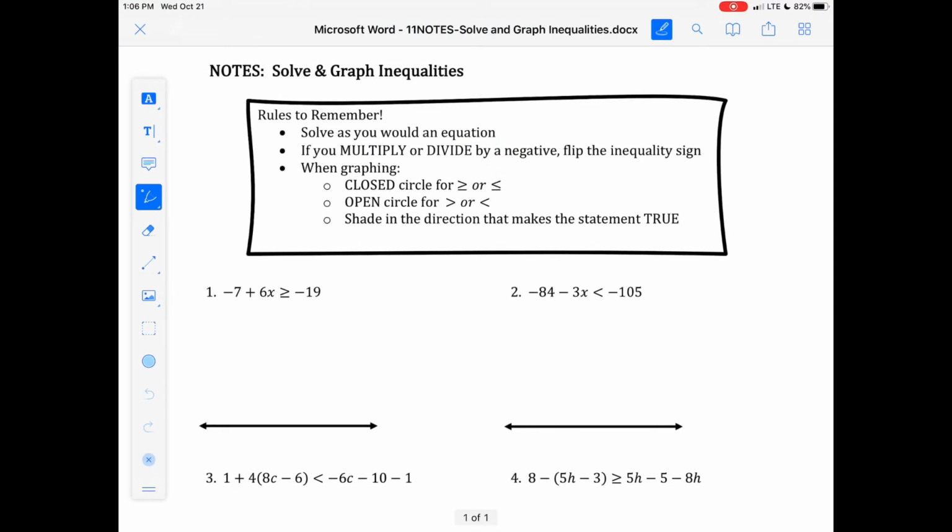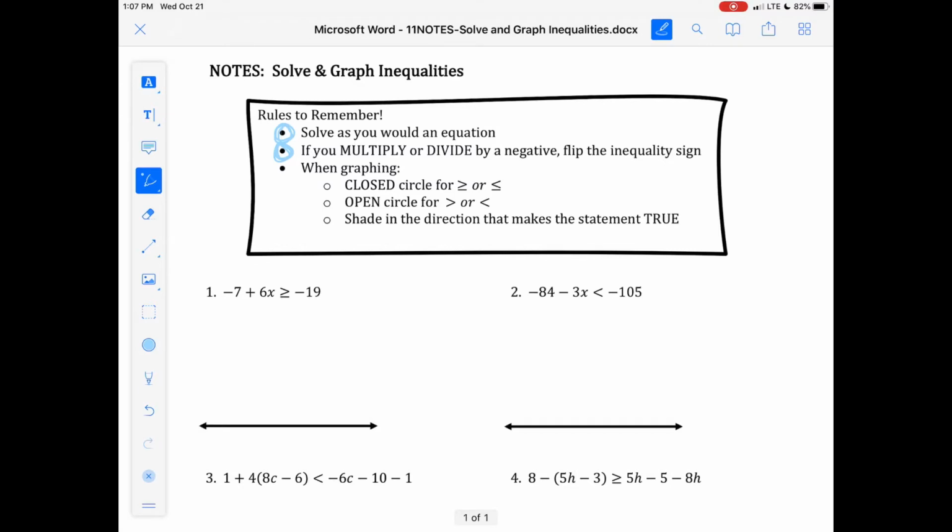So we're going to talk through a couple of steps that we take to solving our inequality. So we notice when we're solving our inequalities, and then we'll graph our number line for the solution, we would, 1, treat that inequality just like we would an equation. I want to get that variable by itself. But if we multiply or divide by a negative value, then we are going to flip the inequality sign.